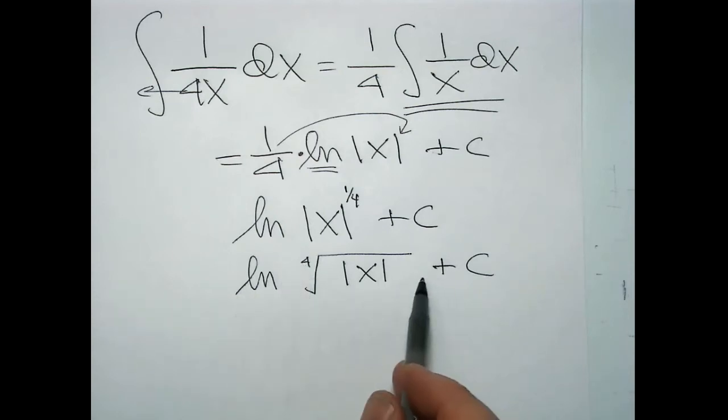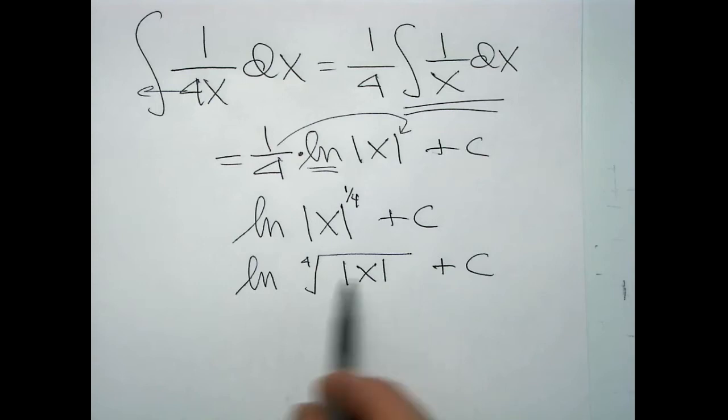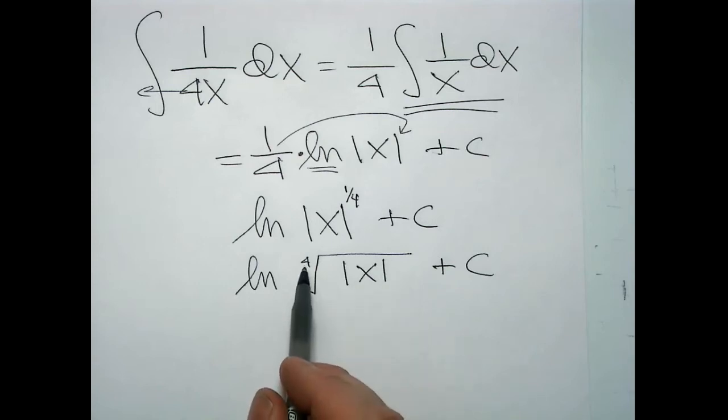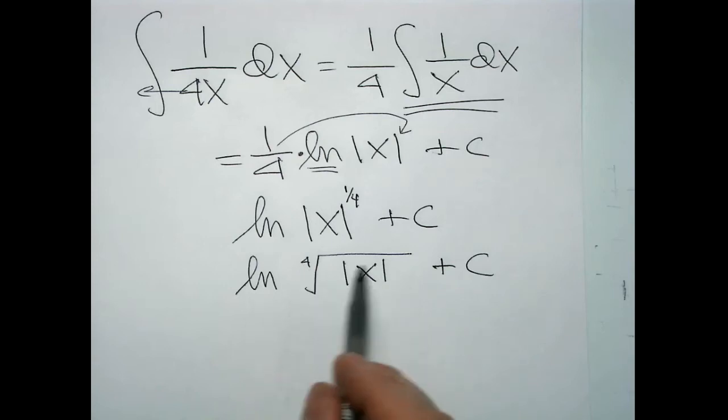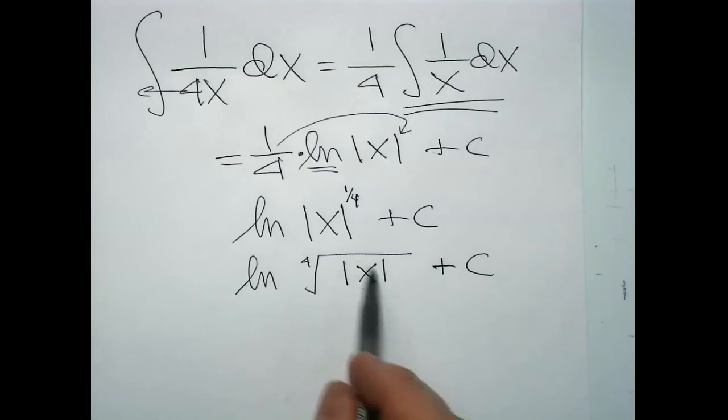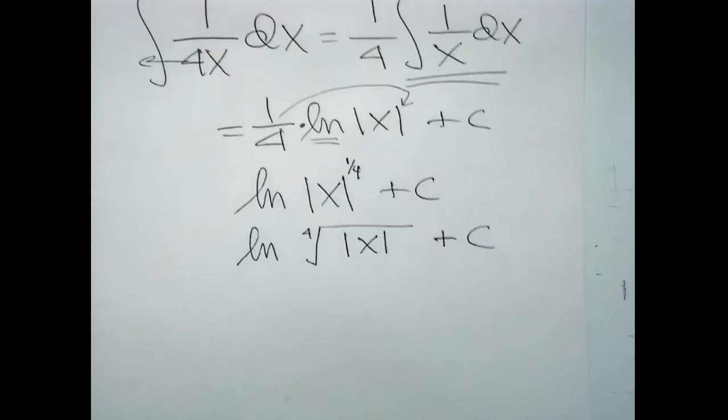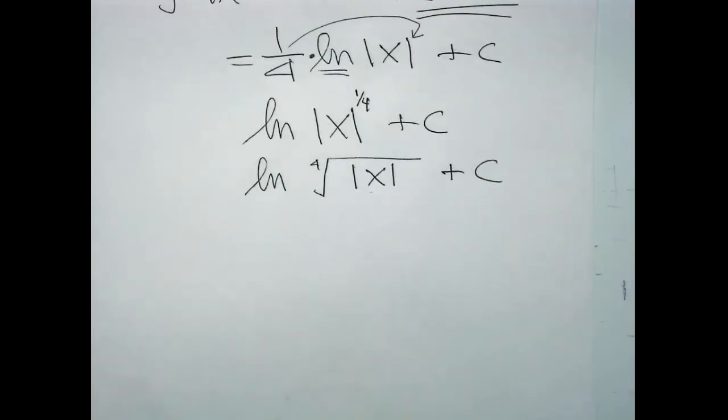So this function is going to work much more often than it normally would because a 4th root, very much like a square root, cannot tolerate a negative number inside and expect to get a real result. Well, there those absolute values are to help protect that from happening. So that's another good protection on the natural log, meaning it works more often than it normally would.